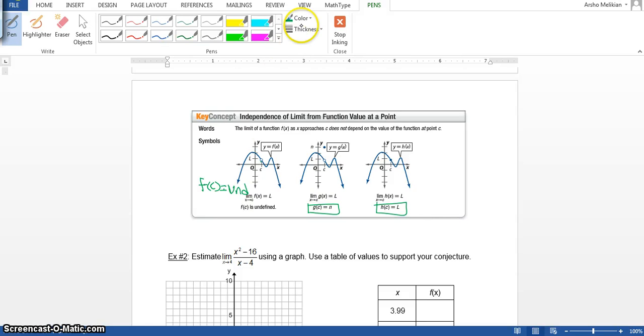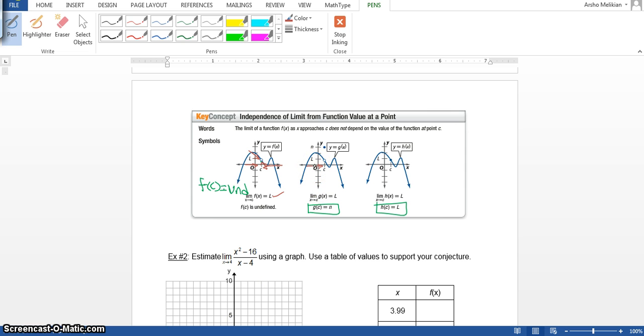Now I want to see what the limit is. So now let's look at the limit. In this case, as I approach c from here, where is the graph going? To L. As I approach c, the graph is approaching L. Here, as I approach c from this end, the graph is approaching L. So the limit here is L. Look at this case.